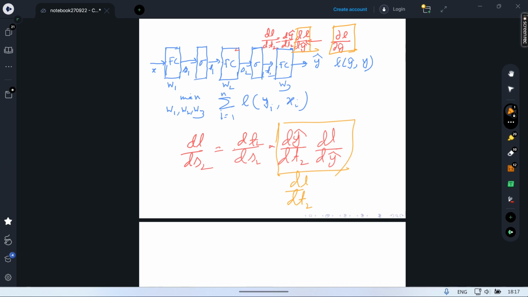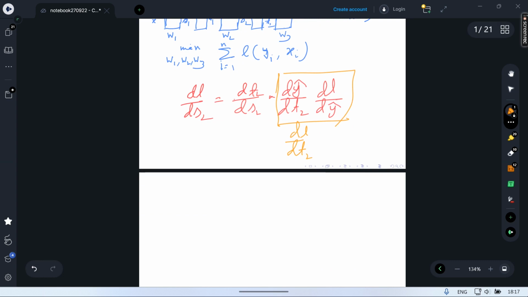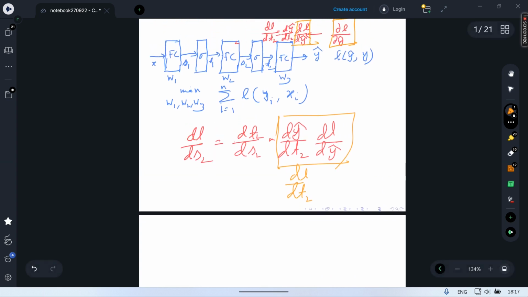Now, this is how you calculate the derivative, and actually all these are partial derivatives, so forget about that.